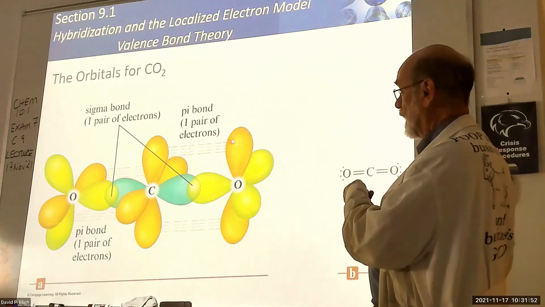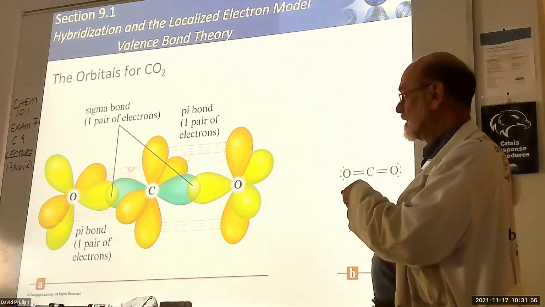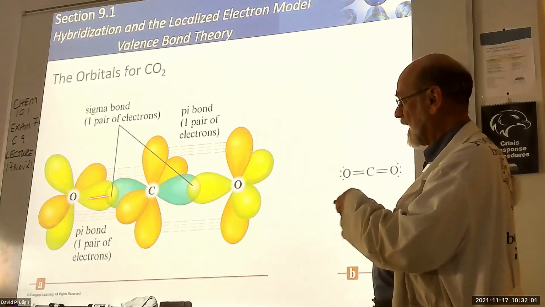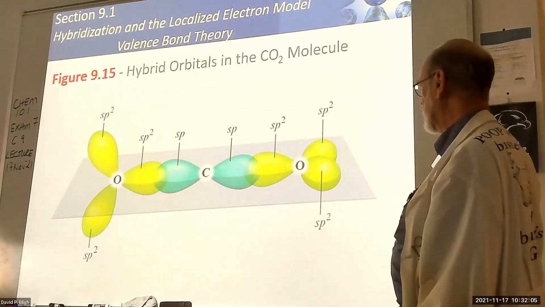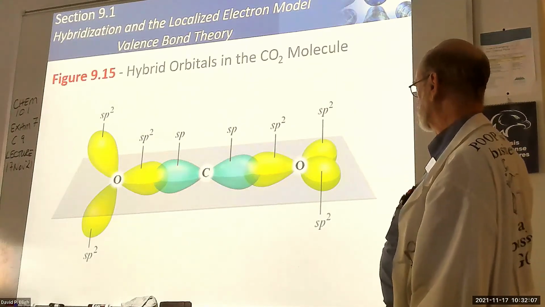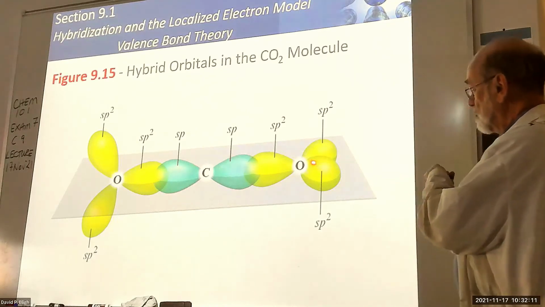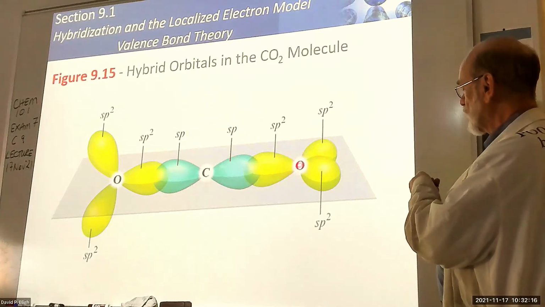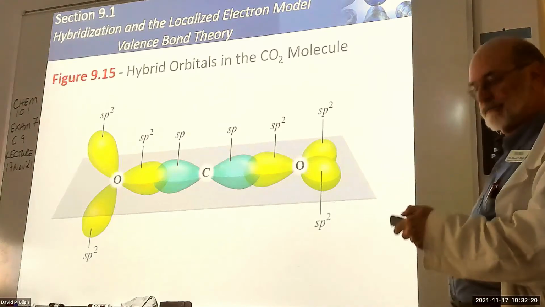Well, oxygen's only got one unused p orbital, but carbon's got two, and it uses one p orbital for this bond and the other one for that bond. So this just illustrates that on an electronic basis, these orbitals are at right angles to the orbitals on the other oxygen.